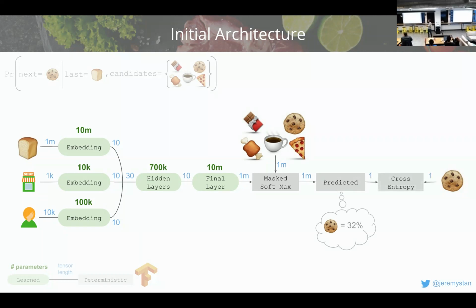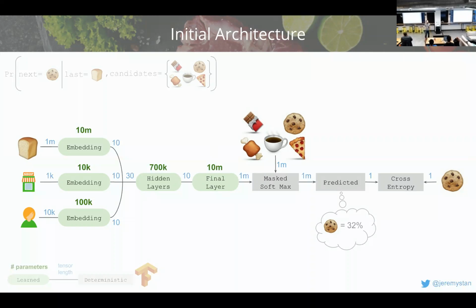You can then feed that into the cross entropy loss function, along with the fact that yes, cookie was in fact the product chosen next. And that gives you this kind of score that you're going to back propagate through all of the weights on the left-hand side to ultimately try to get this probability as high as you possibly can for this specific case. But then you want to do it over, right, many different millions of picks. So that's the initial naive architecture.